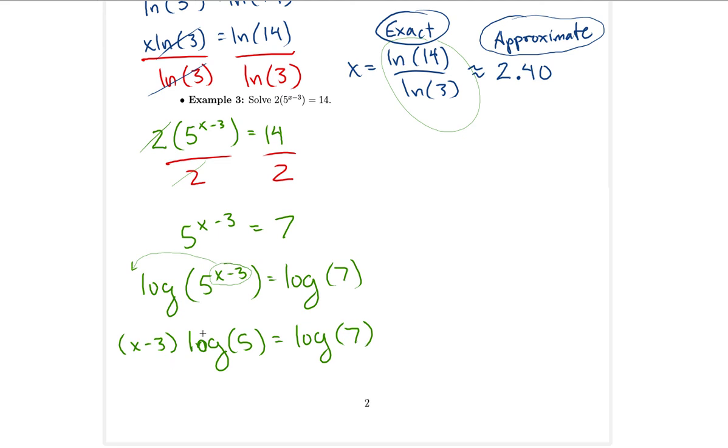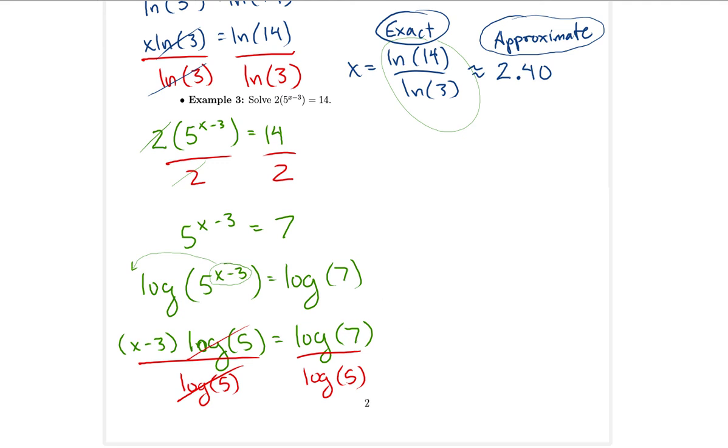All right, now if you wanted to, you could distribute this through to both of them. That would be totally fine. I kind of like the idea here of immediately getting rid of the log of 5. If I divide by it before I ever distribute anything through, then I just immediately get it off of that side.